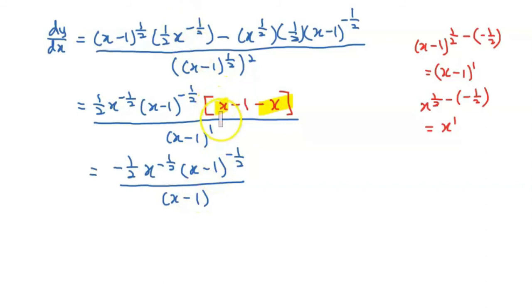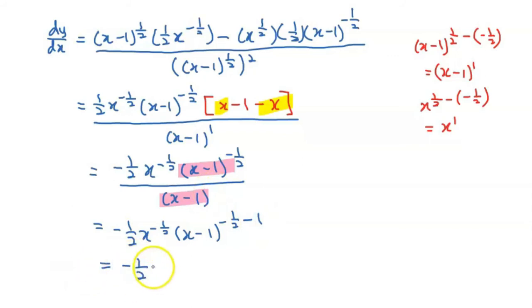Now, we are going to simplify the same factor, where x minus 1 to the power of negative half divided by x minus 1 means minus power of 1. So our final answer will be negative 1 over 2, x to the power of negative 1 over 2, x minus 1 to the power of negative 3 over 2.